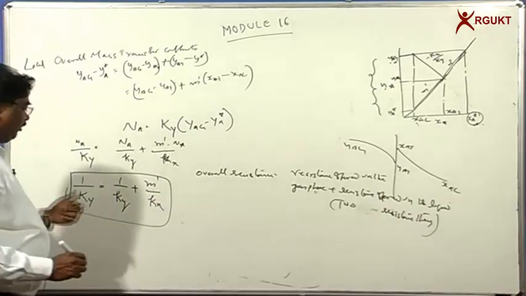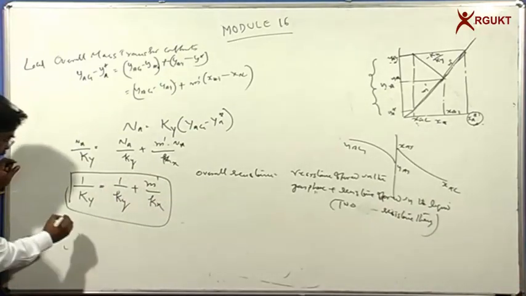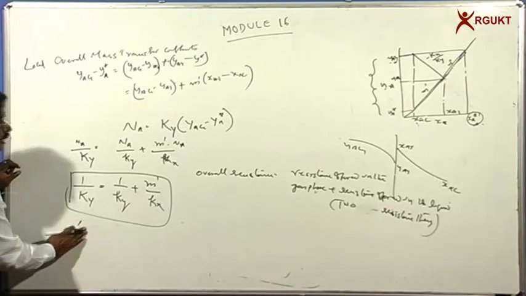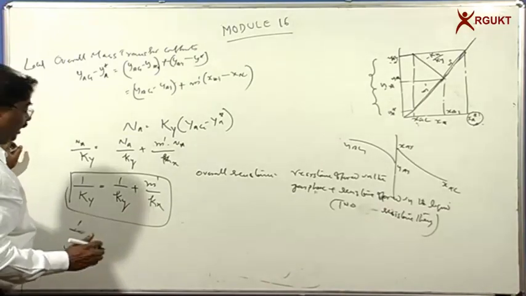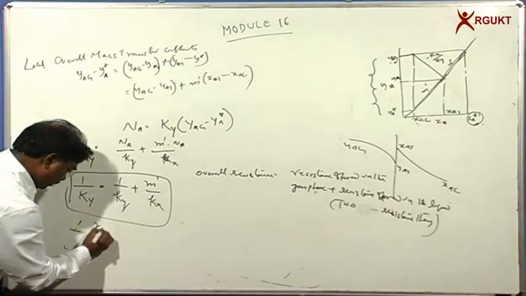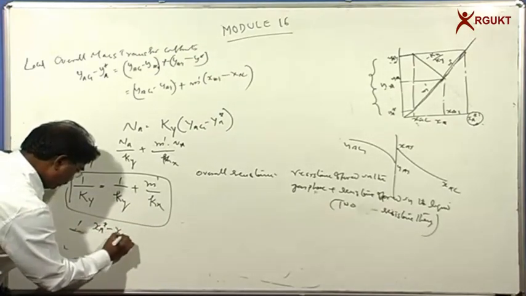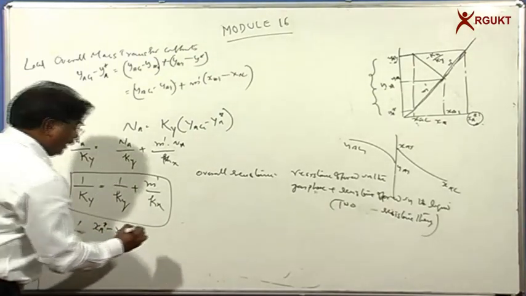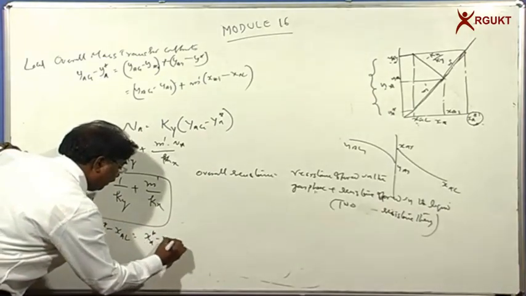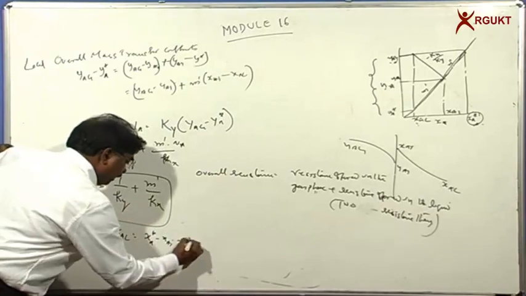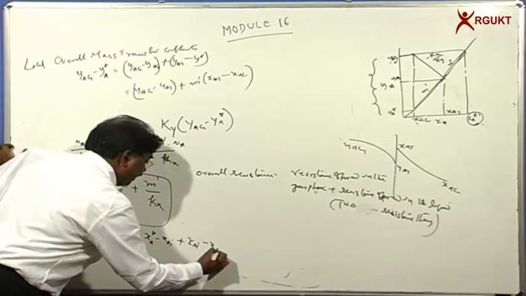Similarly, one can prove that instead of using the gas phase mass transfer coefficient, we can use the liquid phase mass transfer coefficient. We have Xa star minus Xal, which can be written as Xa star minus Xai plus Xai minus Xal.